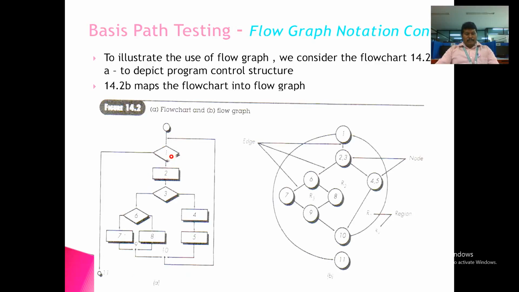Flow chart 1 shows the flow chart of one particular module. The second one is called the flow graph, the corresponding flow graph of flow chart 1. Within this flow graph, the circle represents a node and the edges represent links.